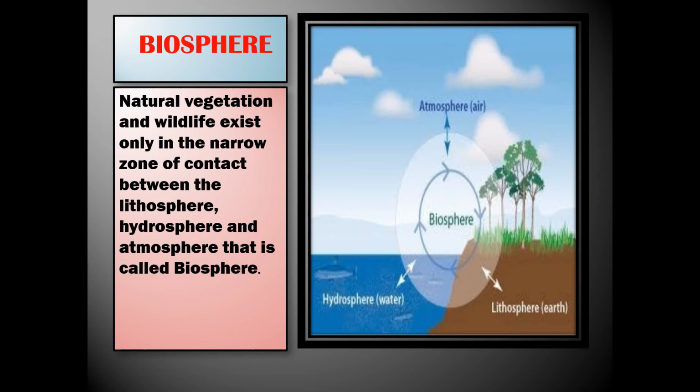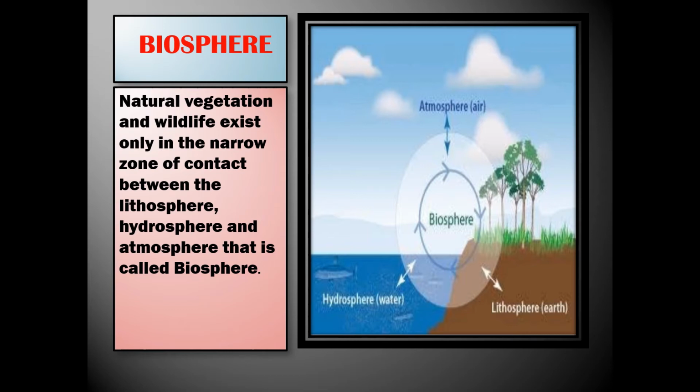So the land, water, and air interact with each other to provide life-supporting conditions. Plants, humans, and animals, all these three living things are essential parts of the biosphere and support the ecological balance of nature.